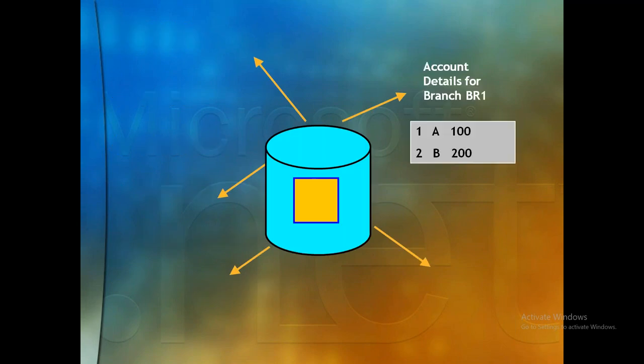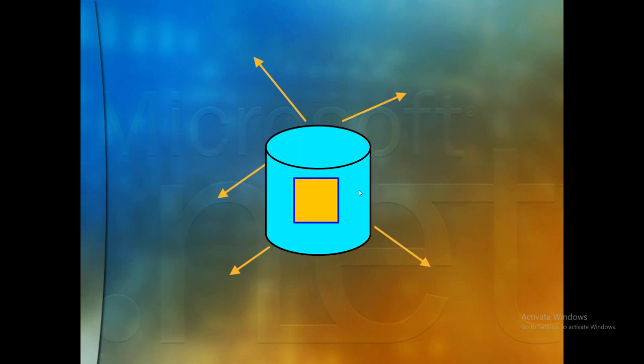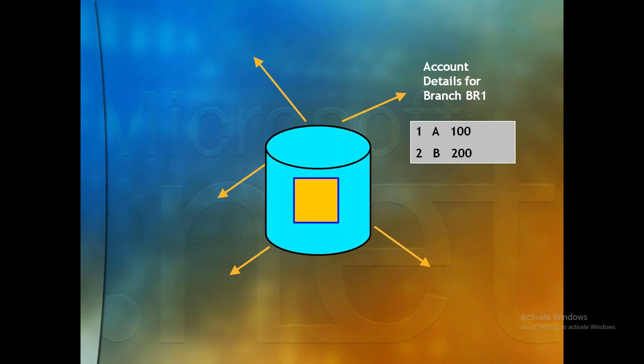So this is my database. I have a table. Think about a table called account master table or a table called transaction master table, because a database will have a lot of tables. So what is it that I need? I need account details for branch BR1.